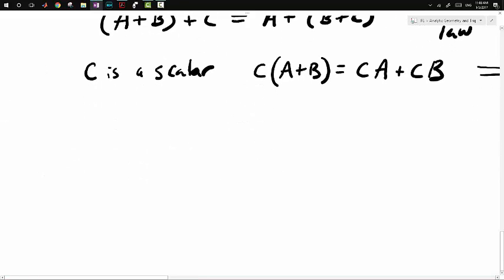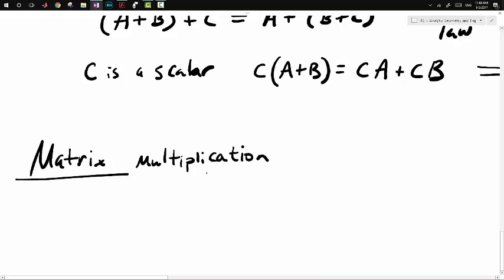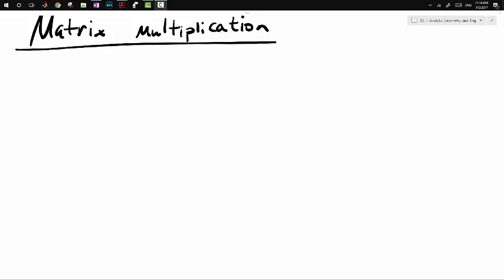So now let's talk about matrix multiplication. So the first thing about matrix multiplication is that you have to have certain sizes for the two matrices that you're using to multiply. So the inner dimension has to match.